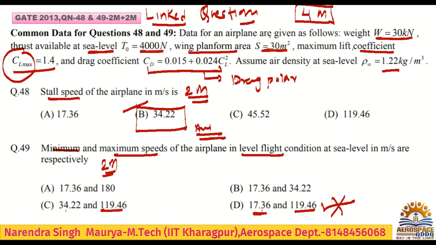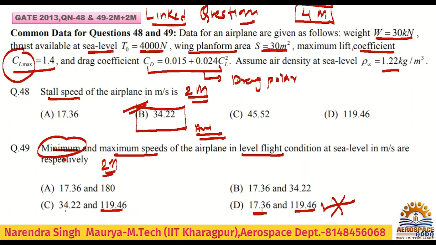It is 34.22, means below 34.22 if you go, then that airplane will not sustain the level flight. So I said stall speed is minimum speed, that is okay. But here if you calculated minimum speed, you are getting 17.36, but practically it is possible? No, it is not possible. Why? Because 17.36 is less than 34.22, and minimum speed for the aircraft to sustain level flight is 34.22.